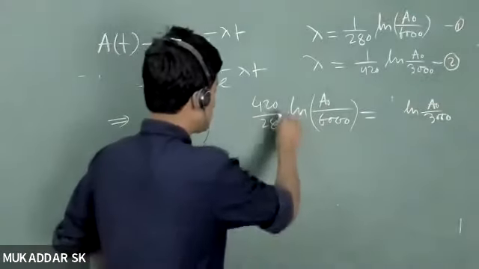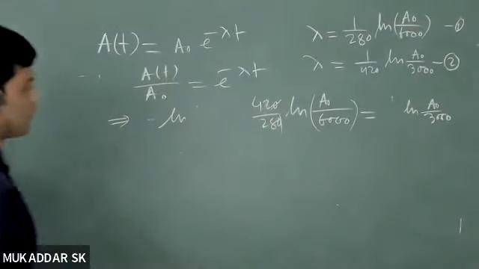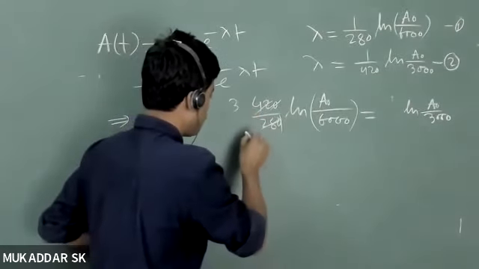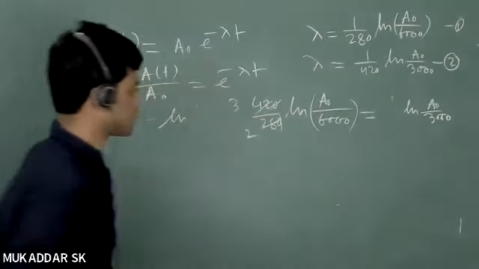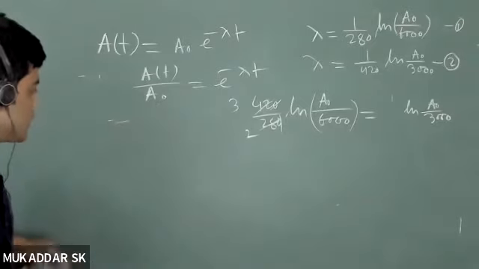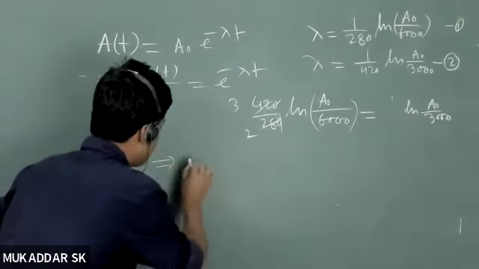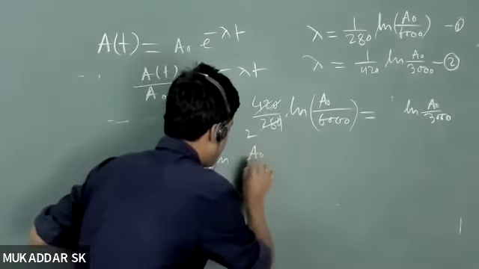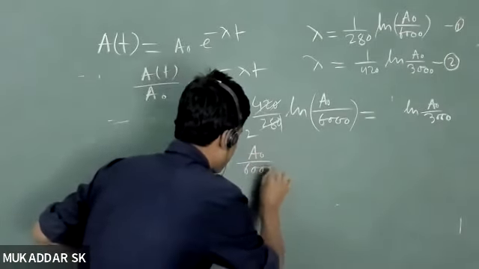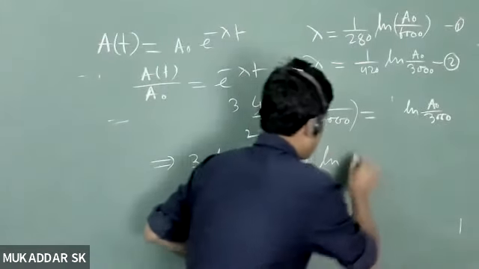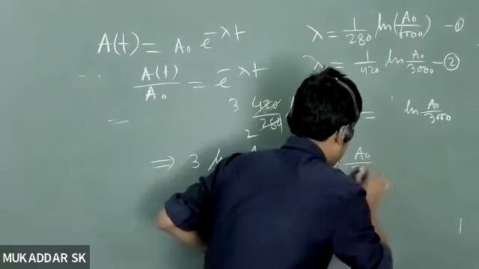So this 0 will be cancelled, and if I cancel with 14, you'll have 3 here and 2 there. So at the end, you'll have 3 ln A naught by 6,000 equals 2 times ln A naught by 3,000.